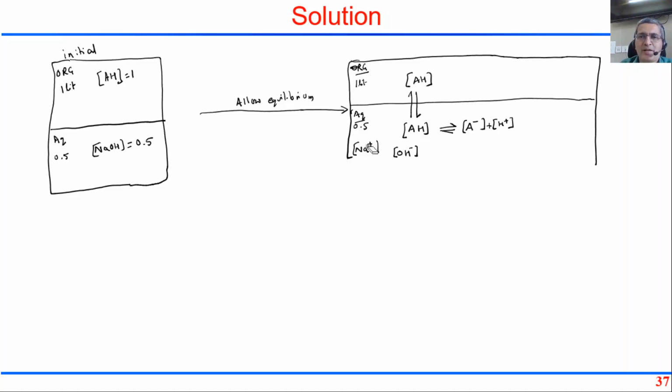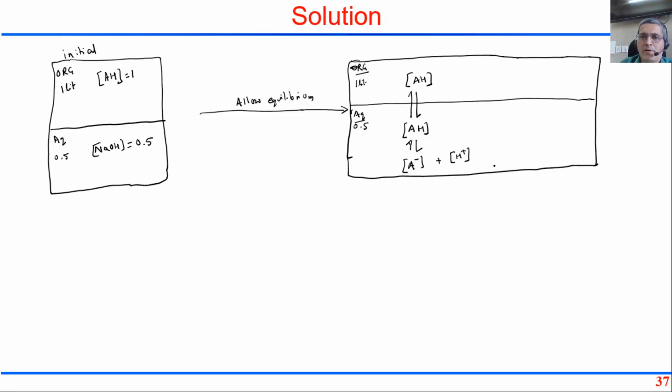Let me write it a little bigger so that we are able to visualize the two equilibria.